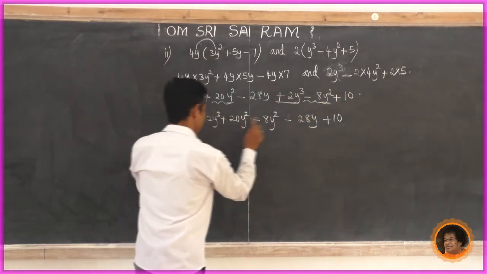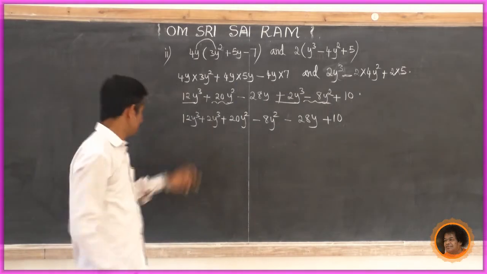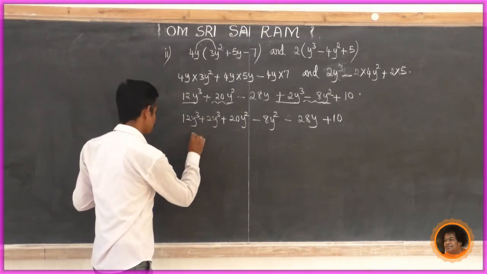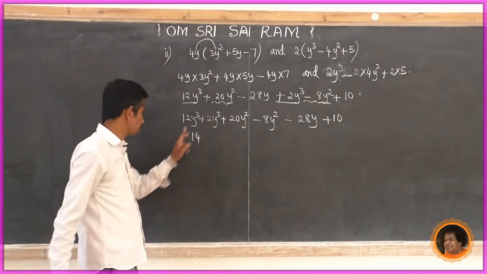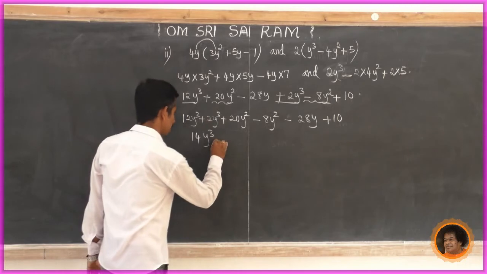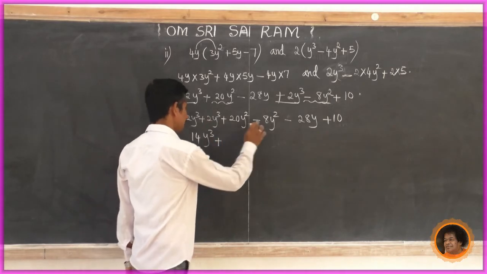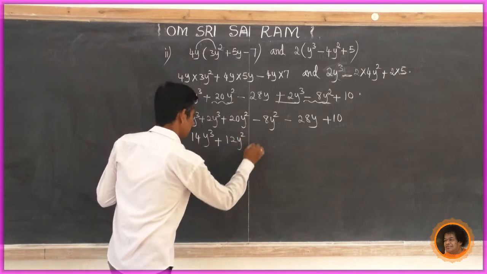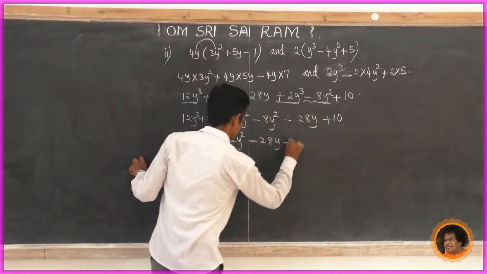Now again 1, 2, 3, 4, 5, 6. So it is correct. Now 12y cube plus 2y cube: 12 plus 2 we get 14y cube, plus 20 minus 8 we get 12y squared minus 28y plus 10.